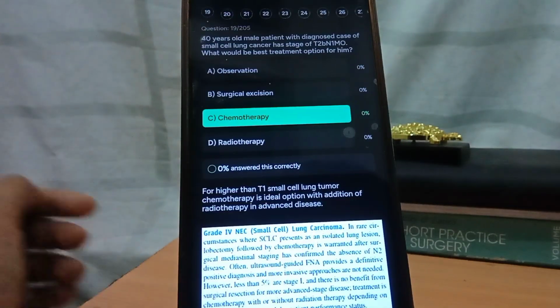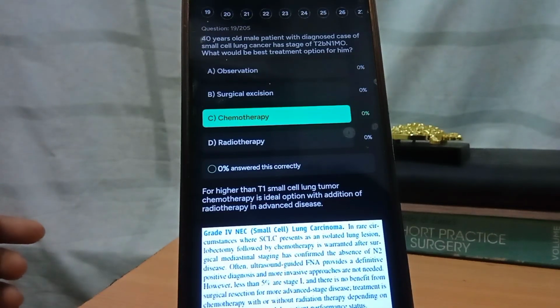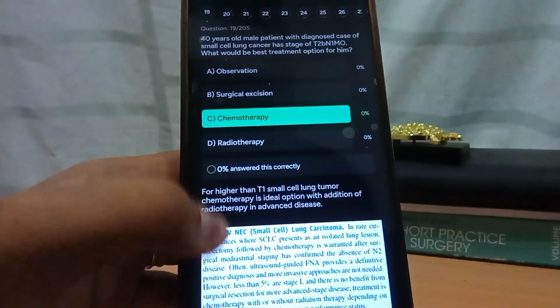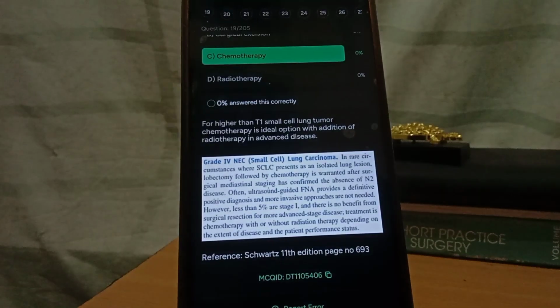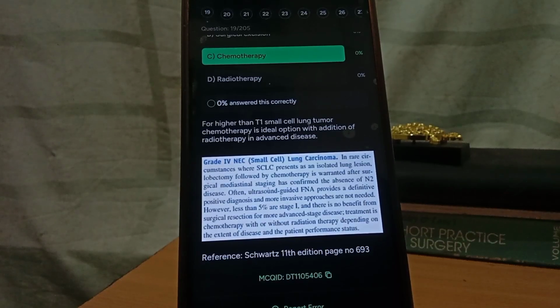The grade 4 NEC: in rare circumstances where small cell lung cancer presents as an isolated lung lesion, lobectomy followed by chemotherapy is warranted after surgical mediastinal staging has confirmed the absence of N2 disease.